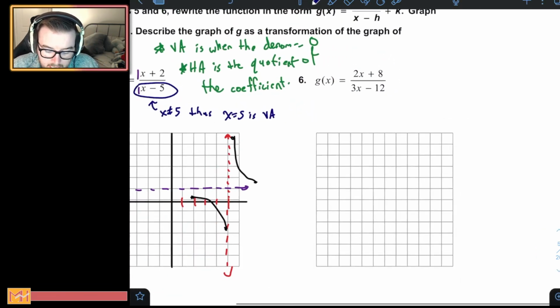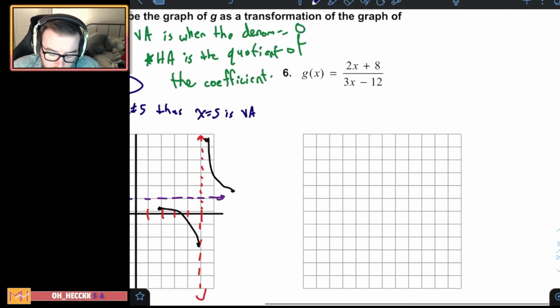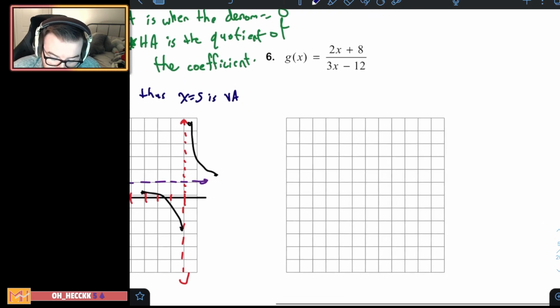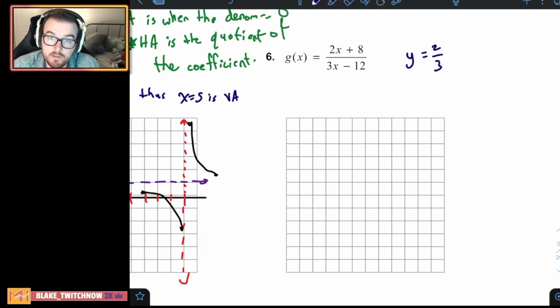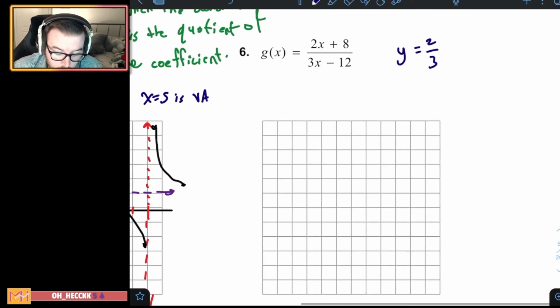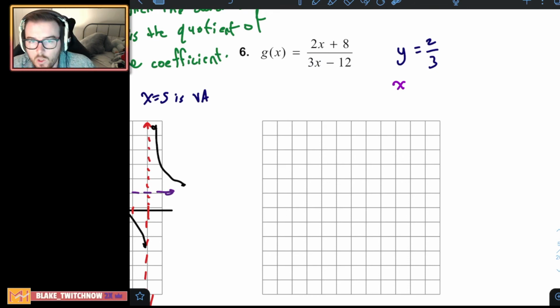So what does that mean about the coefficients here? 2x plus 8, 3x minus 12. We know our horizontal asymptote is at 2/3. It's not at 1, it's not at 2, it's not at 3, it's at 2/3. 2 divided by 3. Now, the vertical asymptote is whatever makes the denominator 0. What number would make the denominator 0? 3 times what, minus 12, would equal 0?